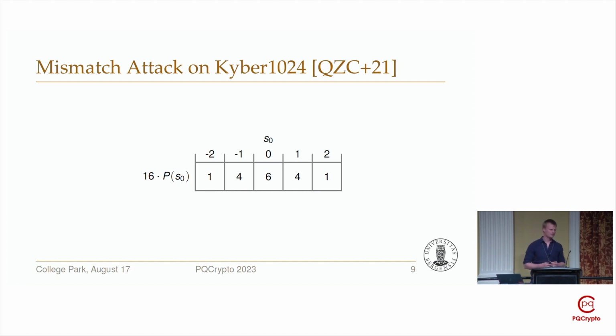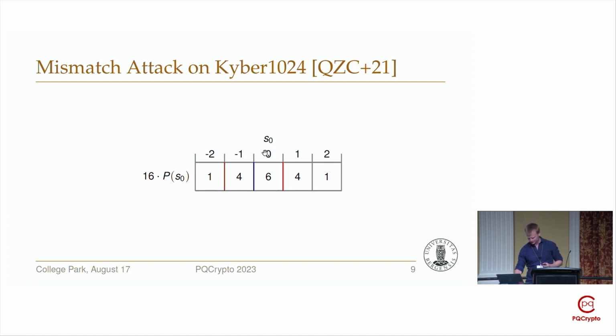So now let's have a look at this in terms of an attack. What we have here is the probability distribution of the value of S of 0 multiplied by 16 to increase the readability a bit. So what Eve does is she makes a split here such that she either learns that the value is -2 or -1, or that it is 0, 1, or 2.